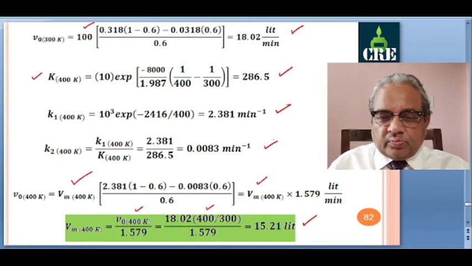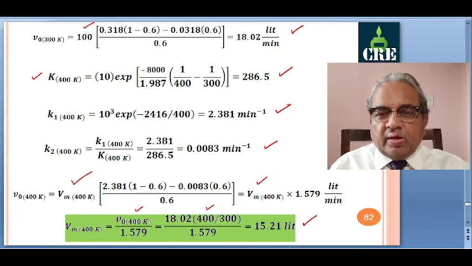And here we come to the end of our chapter number 9. So we have seen temperature dependence mostly, and we have found out the relationships. We have seen the charts for conversion as a function of temperature for different rates, and that we have used in problem solving. So we have solved many problems based on those charts, how to construct those charts, that also I have explained to you.